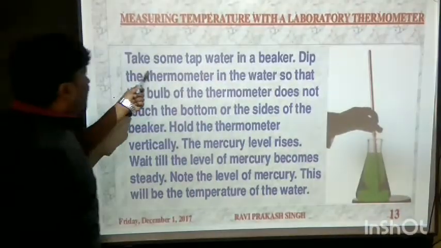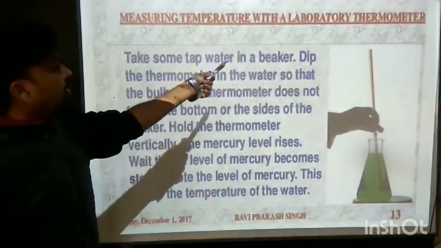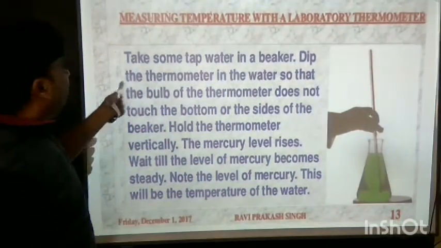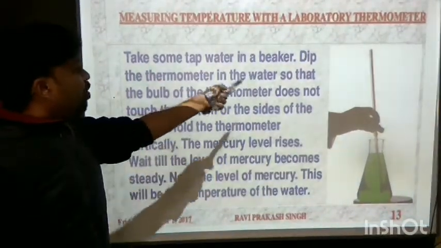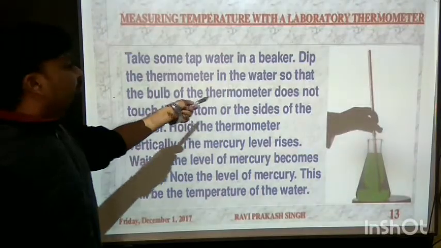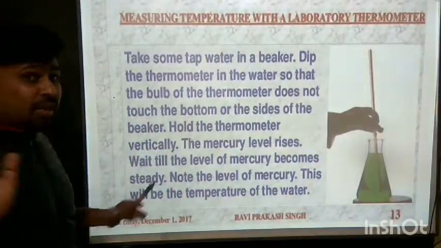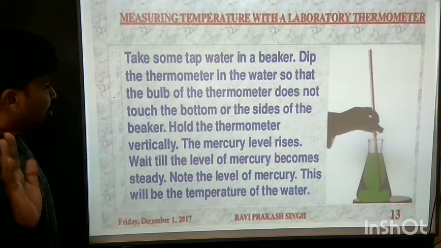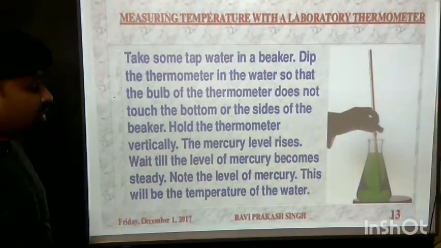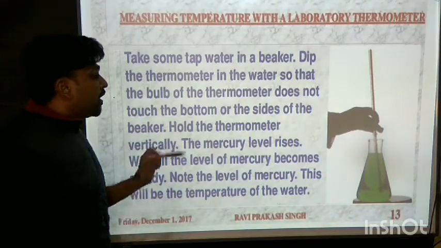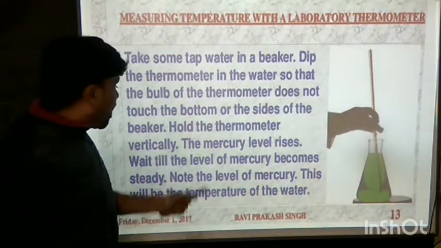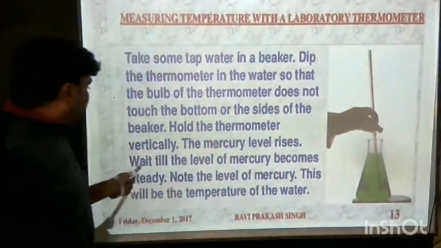Take some tap water in the beaker and dip the thermometer in the water so that the bulb of the thermometer does not touch the bottom or side. You have to hold the thermometer vertically. After some time the mercury level rises.